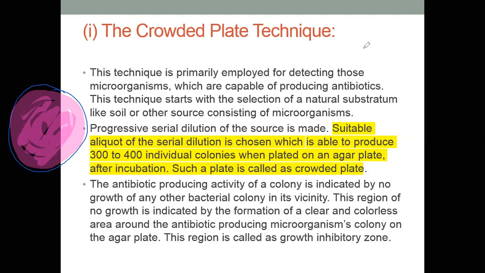Next, what do you want to do? You want to see bacterial growth, and that bacterial growth over here is in green color. So these green spots are multiple bacteria which have grown here. So it's a crowded plate, a very crowded plate.